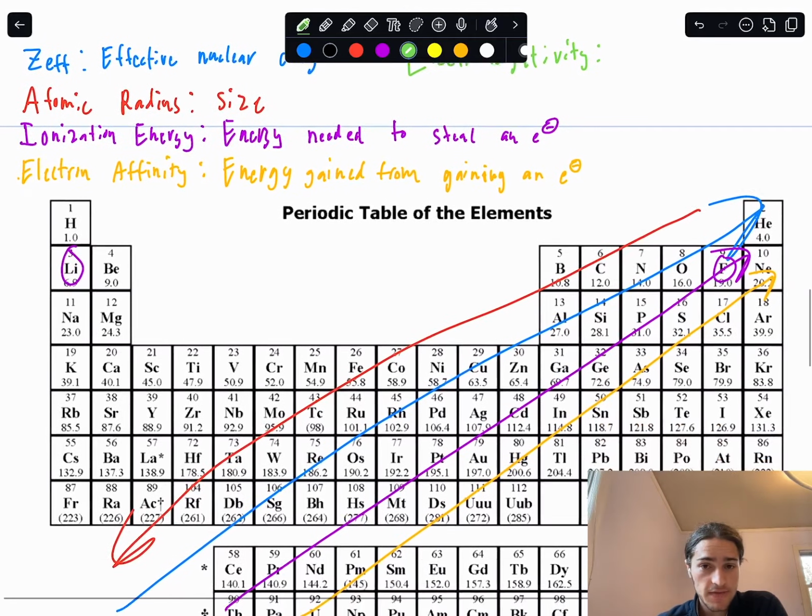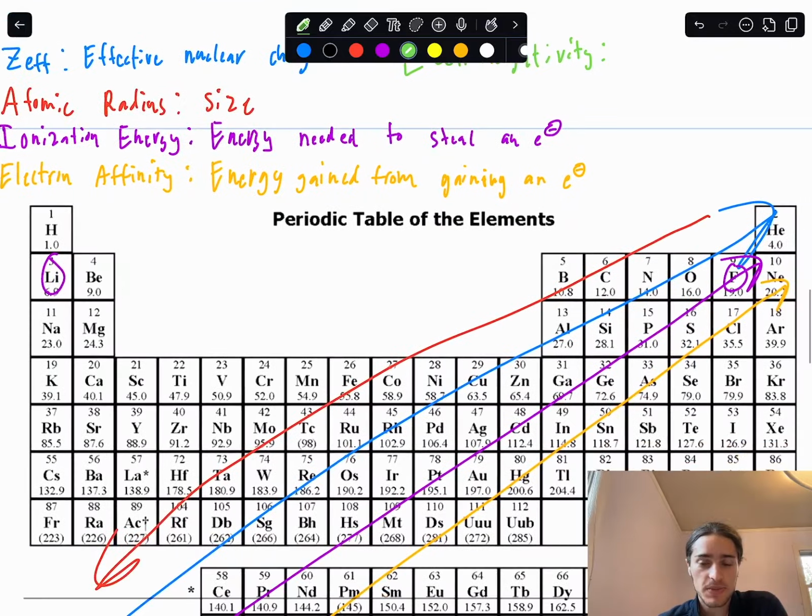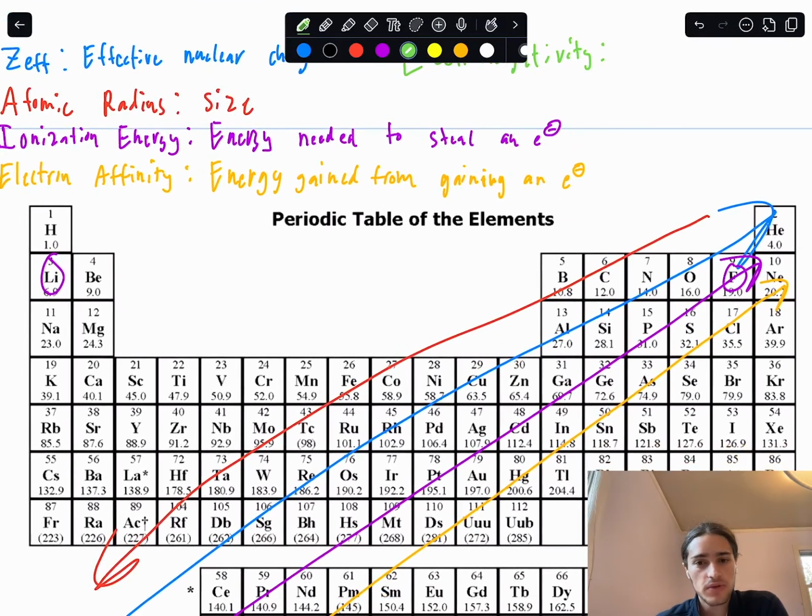And electronegativity is really basically just effective nuclear charge, but like a different word. I don't really want to go into the details of how they are different exactly because it's overly technical, but suffice it to say they're basically the exact same thing. So everything we've thought about with effective nuclear charge really just applies to electronegativity too.